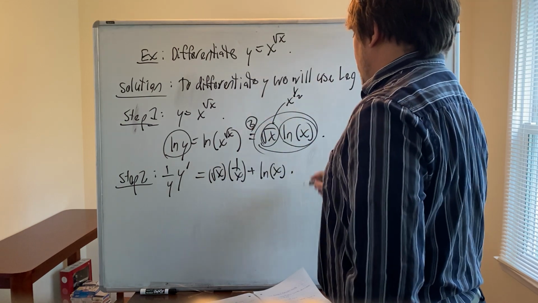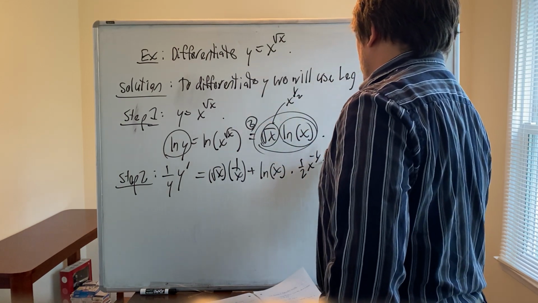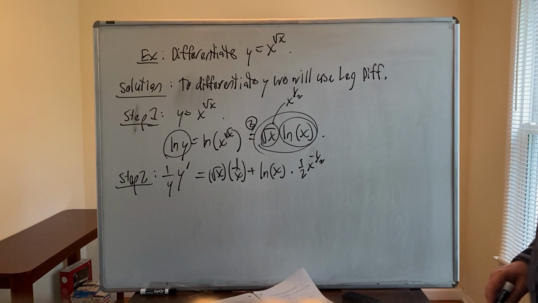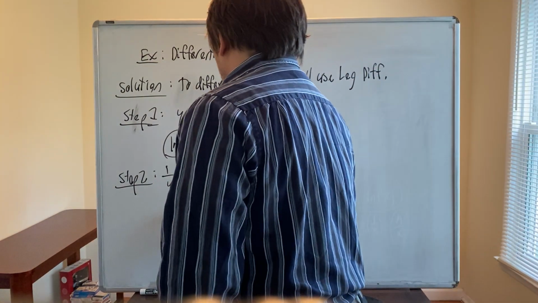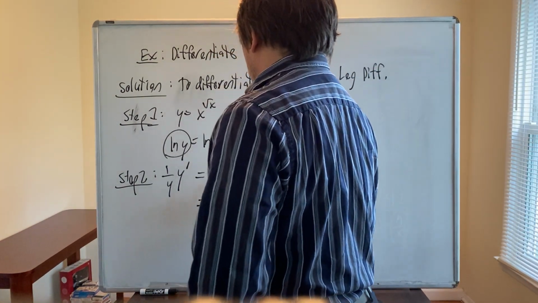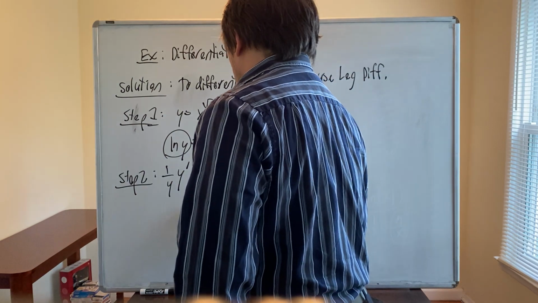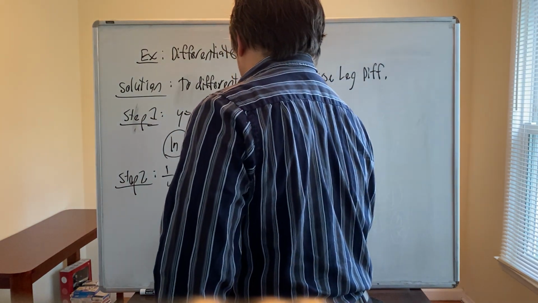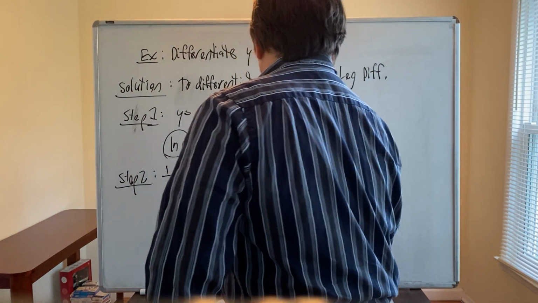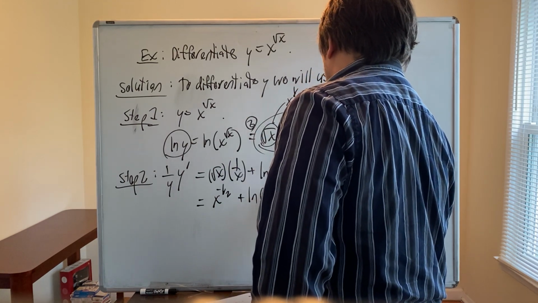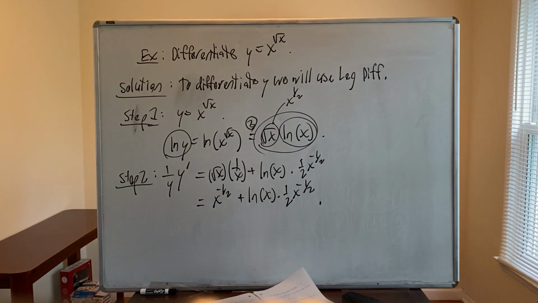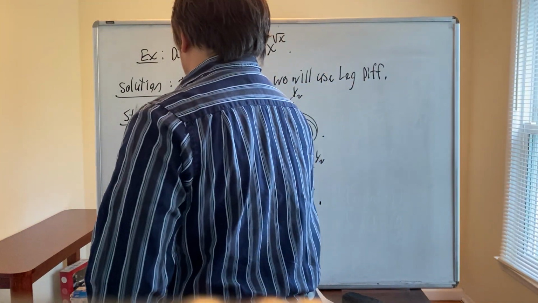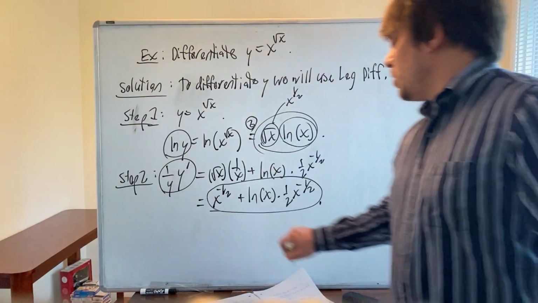And so the derivative of that is 1/2 x to the negative 1/2. Okay? So writing this as an exponent, this is x to 1/2 divided by x to the first. So this is x to the negative 1/2 plus ln of x times 1/2 x to the negative 1/2. Okay? 1 over y times y prime is equal to that.